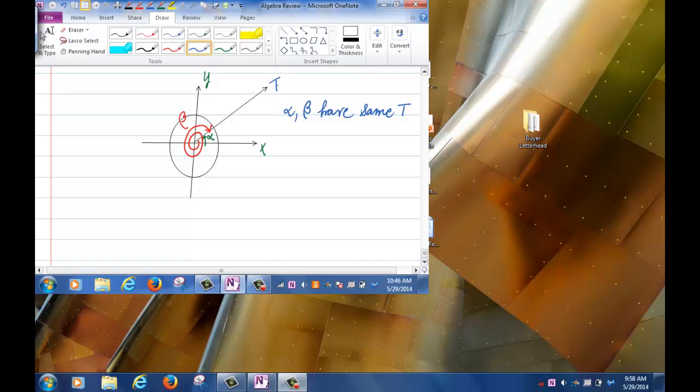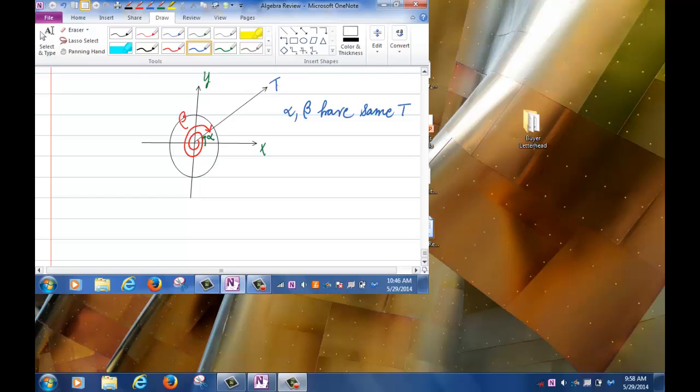Now, can someone tell me, suppose I have alpha and beta, they are two coterminal angles. In that case, can I say cosine alpha and cosine beta are the same? Is my question clear?